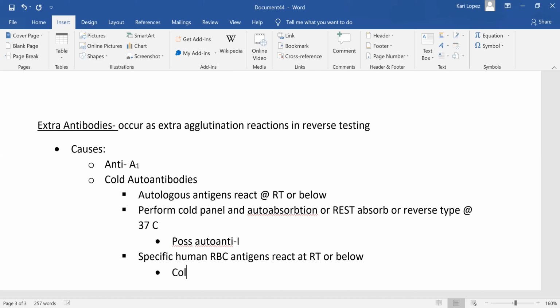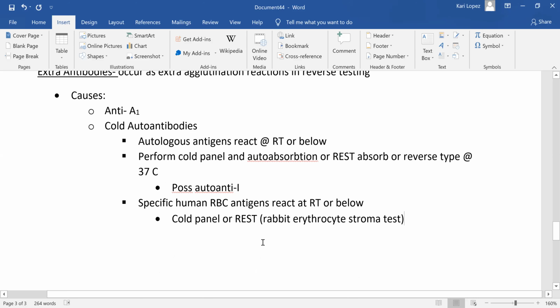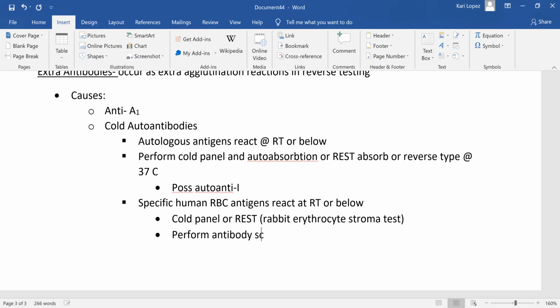And again, you can do a cold panel or REST. Oh, and sorry, I didn't put it up here, REST is rabbit erythrocyte stroma test. And then the other thing you could do is perform an antibody screen with an auto control.